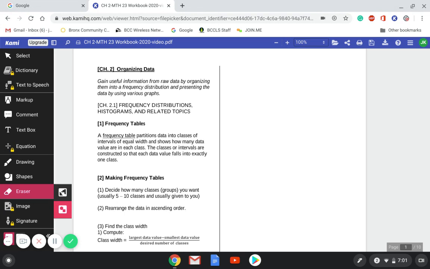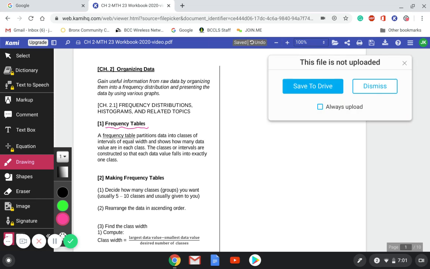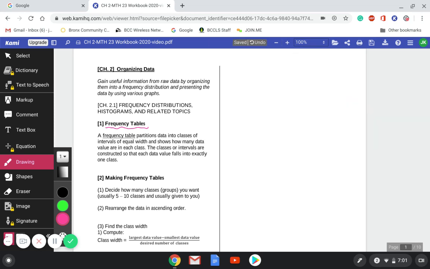In this video, we're going to talk about how to organize the data, particularly by using something called frequency tables. And then from there, we're going to talk about the histogram and any other related topics.